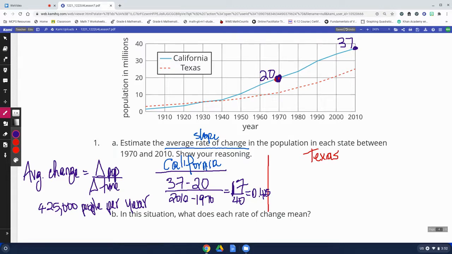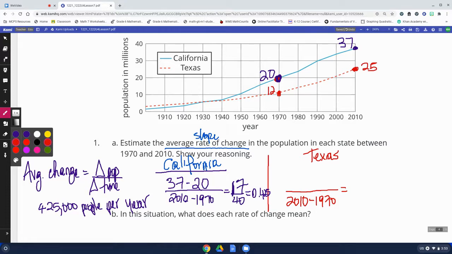So how about Texas? Texas, over the same 40-year period, okay, so this is 1970. That looks like 12 million-ish, right? And is this halfway? I don't know. I'm going to call it halfway. So this looks like it's about 25, right?